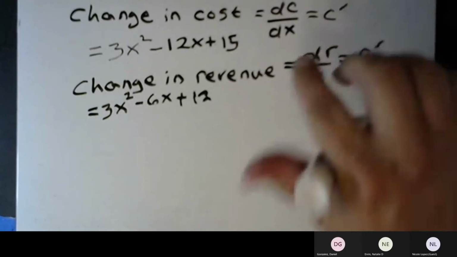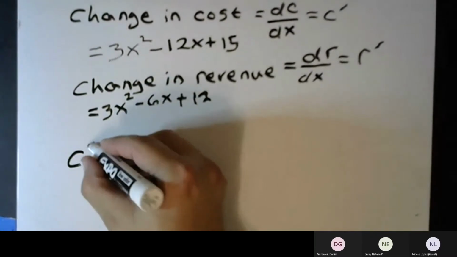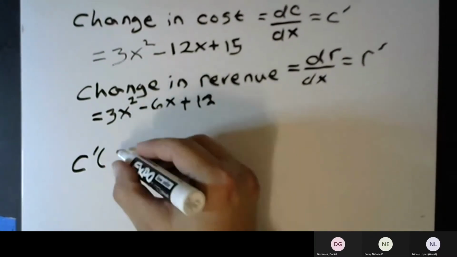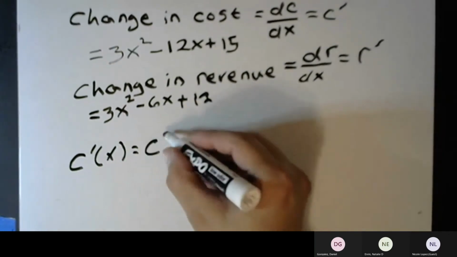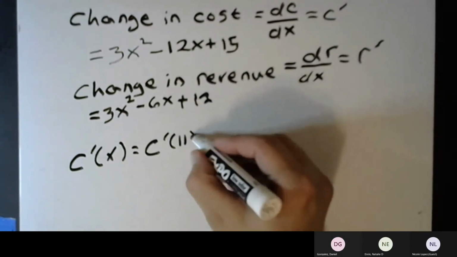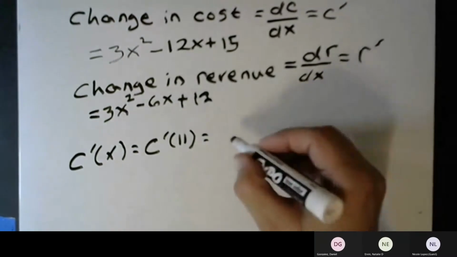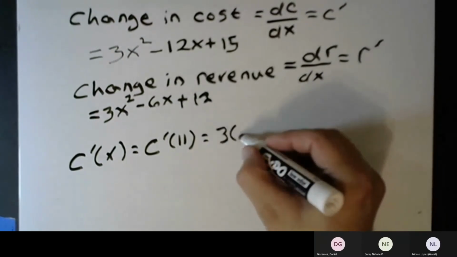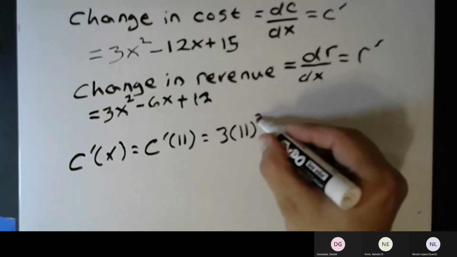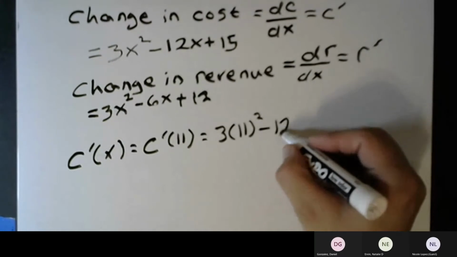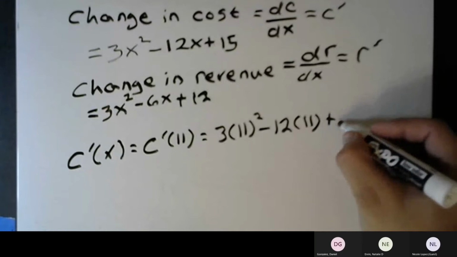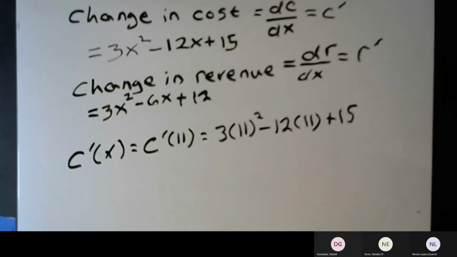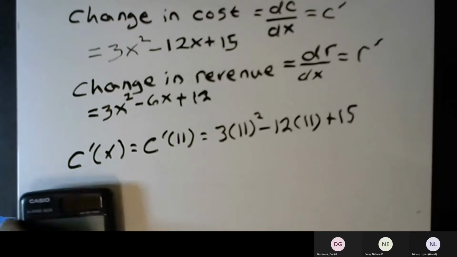So the change in cost, if we're already producing 11 radiators, we calculate that by C prime of 11. It's 3 times 11 squared minus 12 times 11 plus 15. Then we break out a calculator and figure that one out.